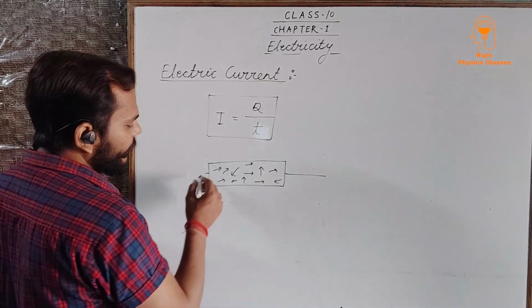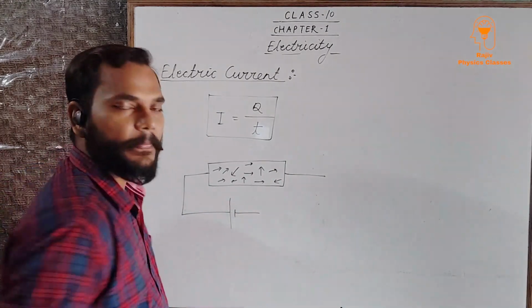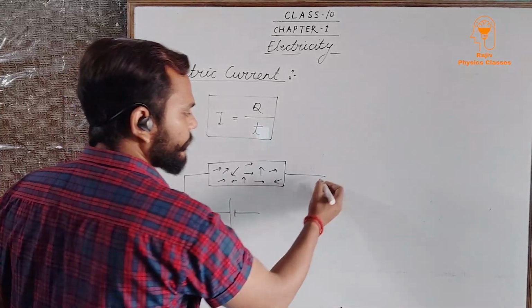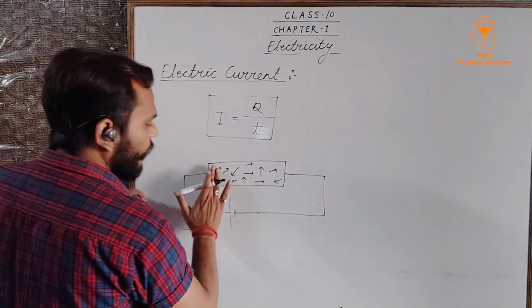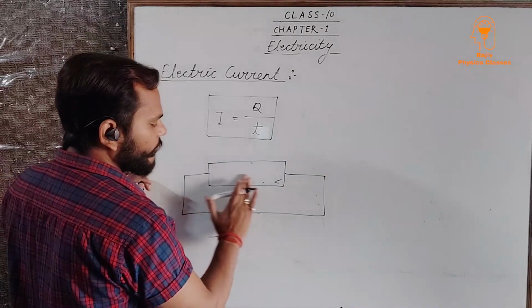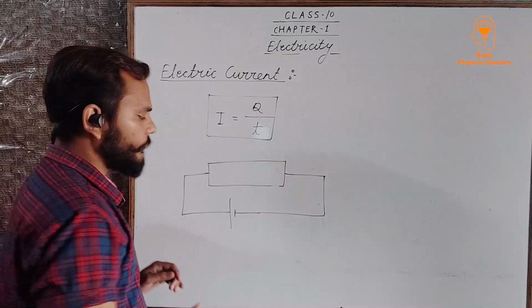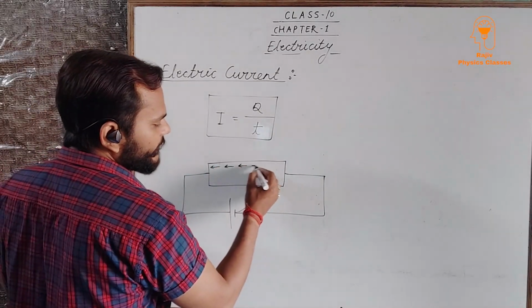Now if I connect this wire with the supply, then what will happen? These electrons, which earlier were randomly moving here and there in this cross section of the wire, will now all move in one direction.